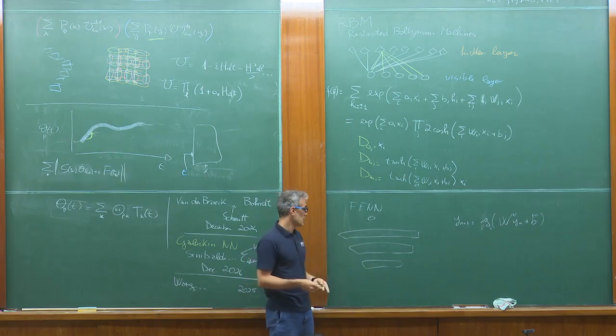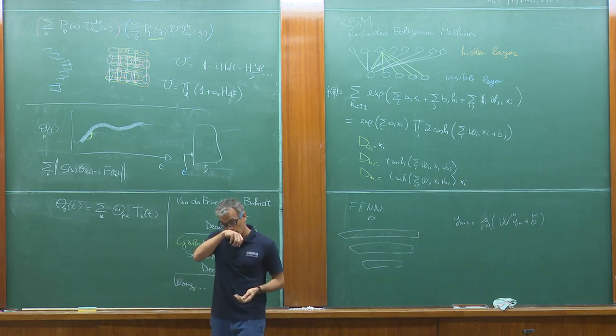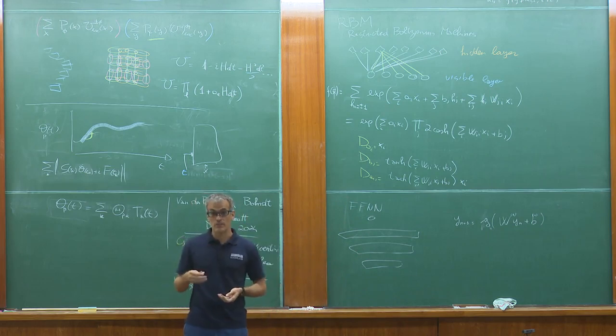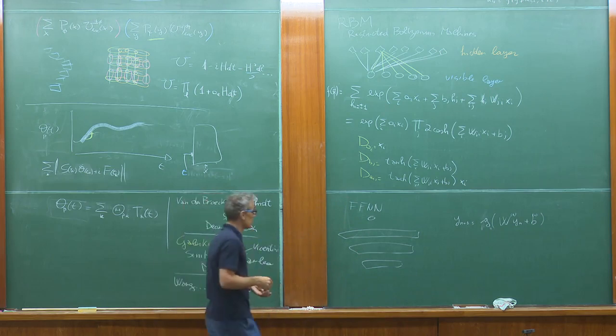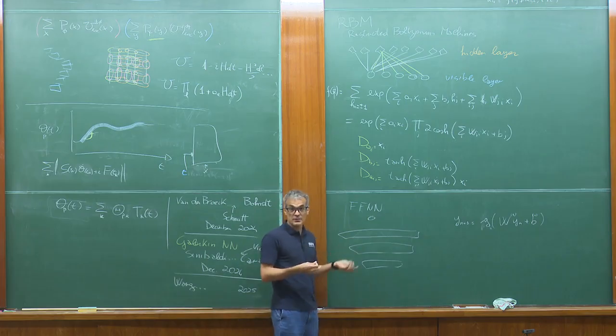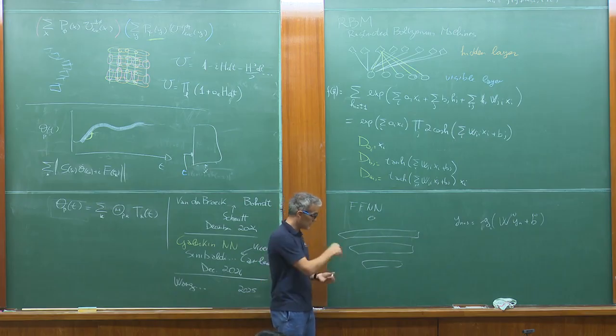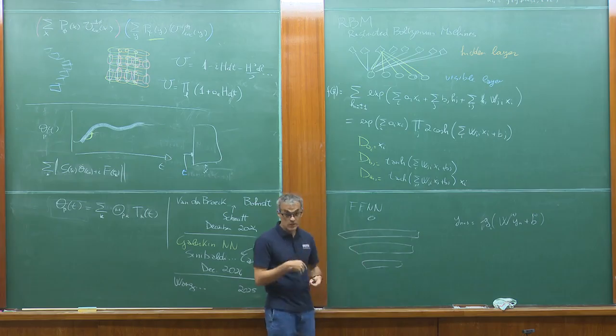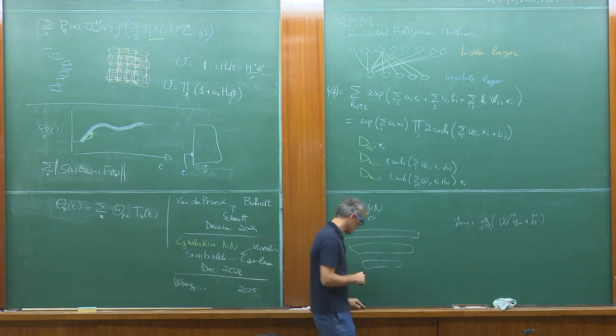And then when you train it, you can run into problems called vanishing or exploding gradients. The deeper they are, the harder they can be to train. There are tricks to try to improve that, things like skip connections, where you skip some links, or you normalize, and so on and so forth. But something came after that.